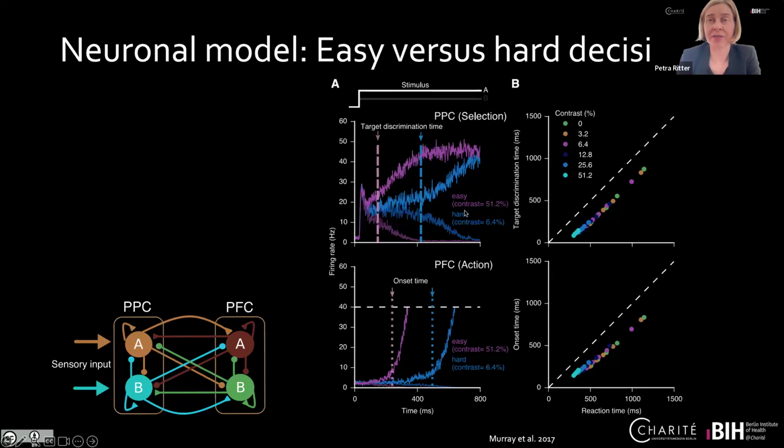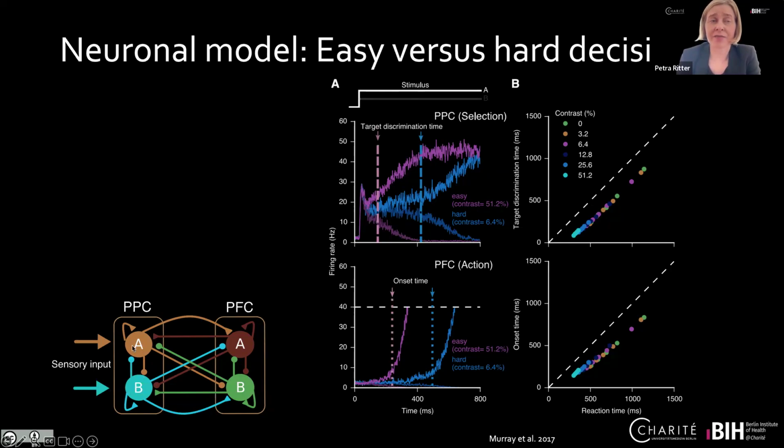So if we look here at the traces, we see there are two different colors, easy and hard. Easy means that the contrast of the inputs going into the two competing populations in the posterior parietal cortex is very high. So the difference of the inputs is high. For example, much goes into A and only a very tiny current goes here.